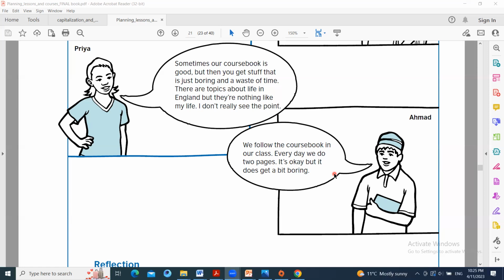Supplement by adding other materials and activities to the course. So here we call it SARS. Again, S for select, A for adapt, R for reject, and the last S for supplement.